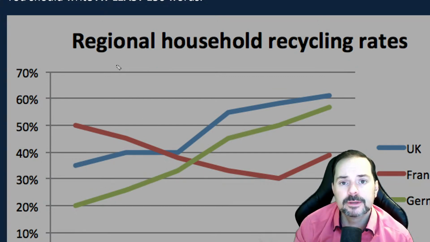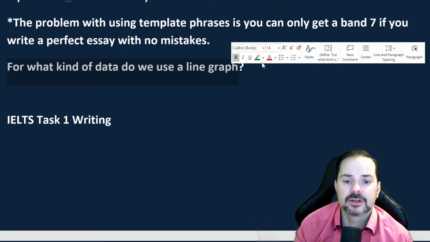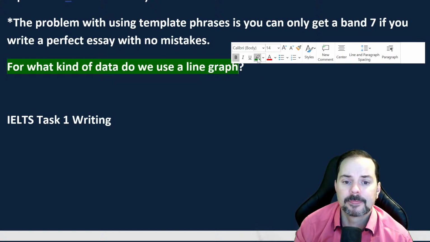So the purpose of line graphs, if anybody asks you in the future, the purpose of a line graph, okay, so here we have this question, for what kind of data do we use line graph, okay?